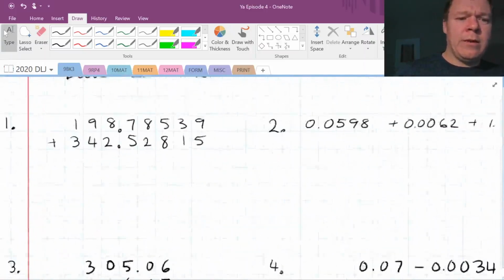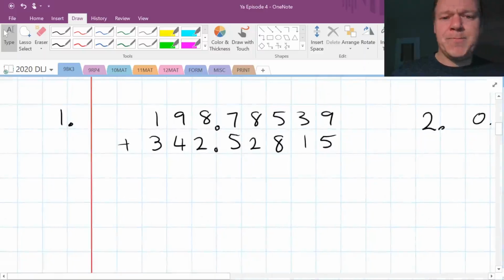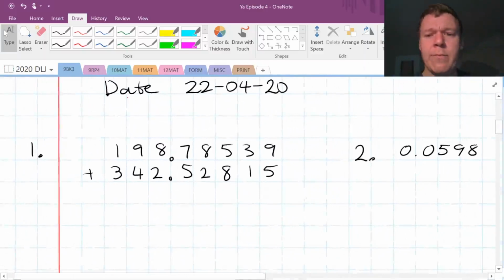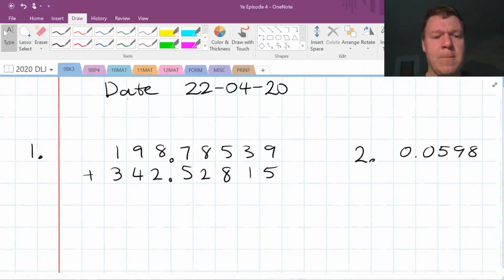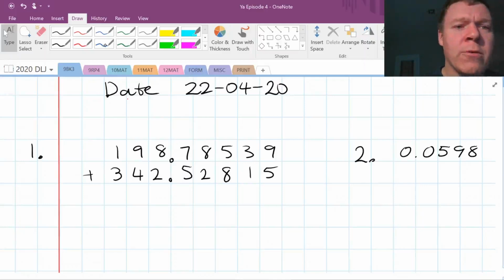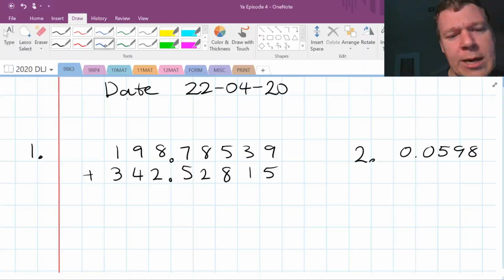All right, let's get started. I'll better keep the date in there, eh? All right, this looks very complicated, but it's basically just doing the algorithm a lot of times. So it's just good practice, really.